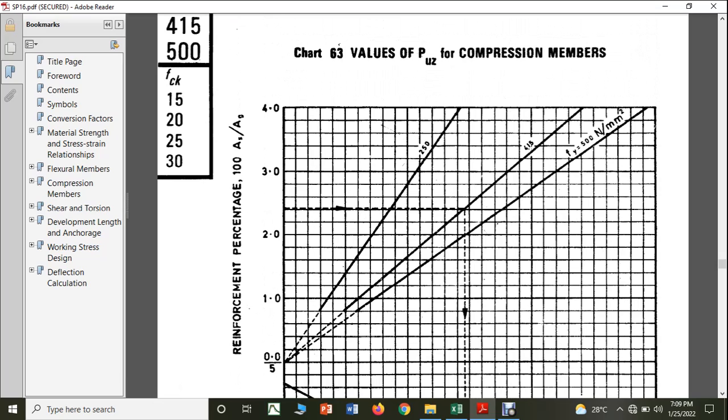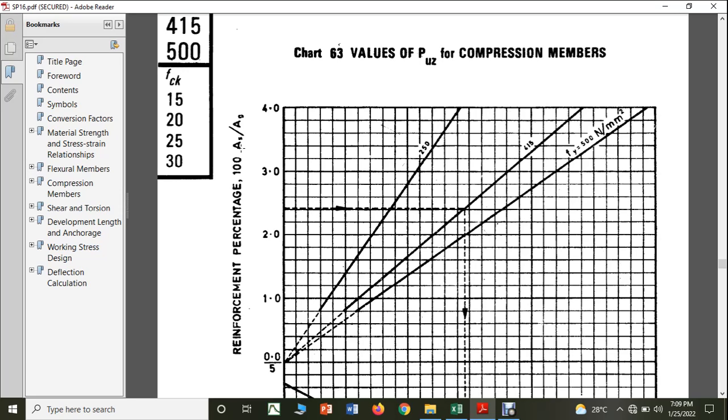We are going to get that Puz by Ag value from this. We know we are using Fe 415 steel. Now I need 100 Ast by bD, that is 100 Ast by Ag. Ag is nothing but the gross area, that is b into D. So it is 100 into the corresponding Ast value, where you have assumed p value as 1.